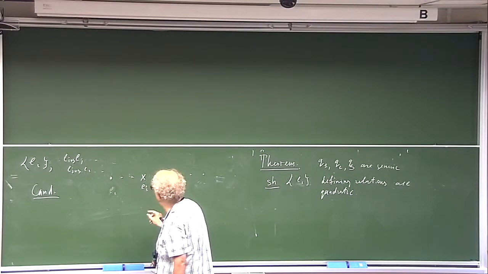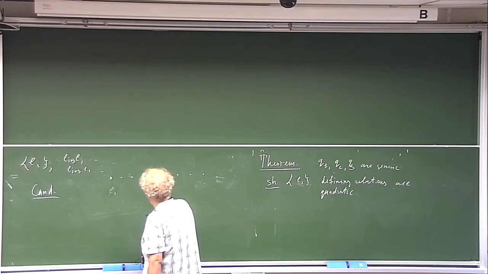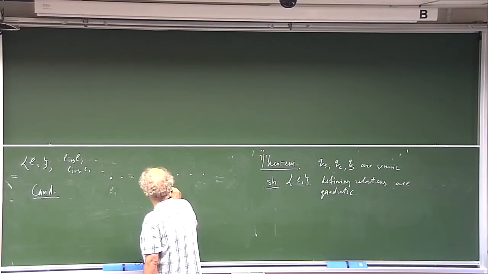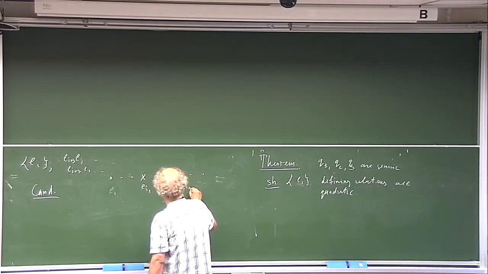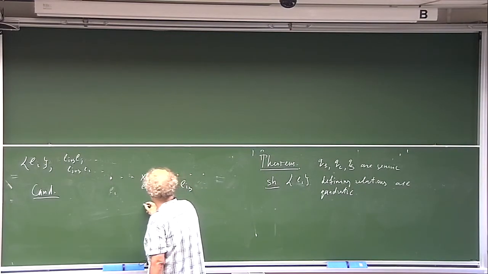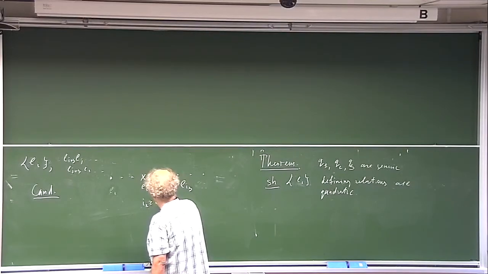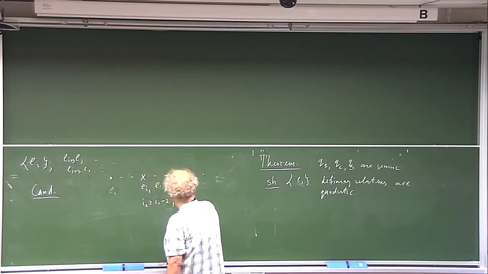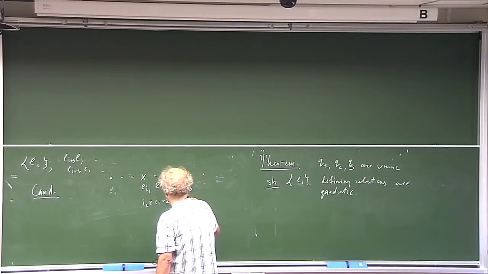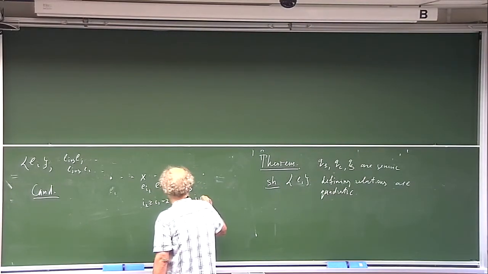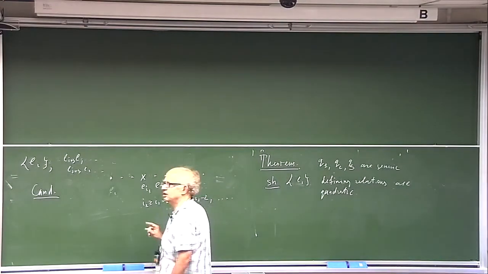I have first element EI, then I have EI minus 2 plus something. Now EI1, EI2, EI3, and so on, such that I2 is bigger than I1 minus 2, I3 is bigger than I2 minus 2, and so on.